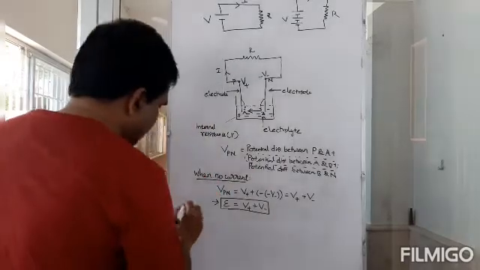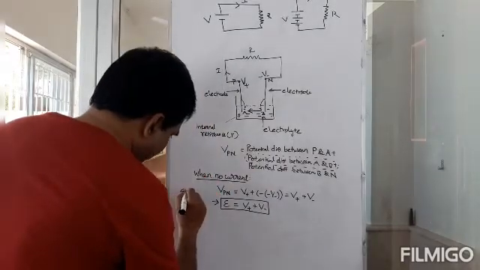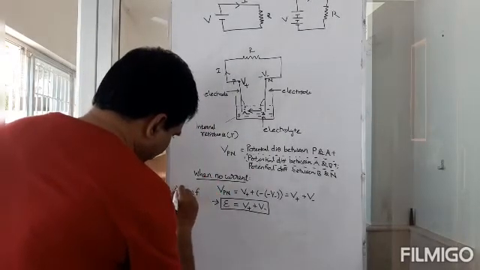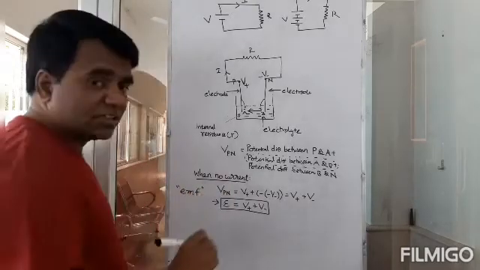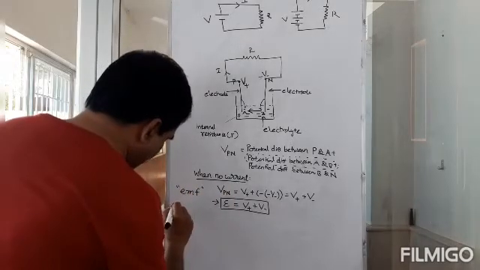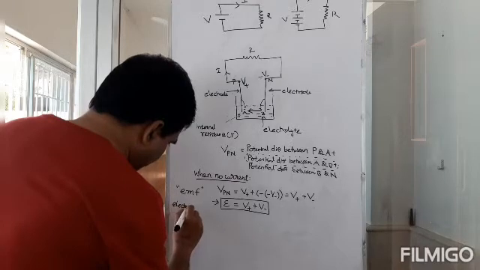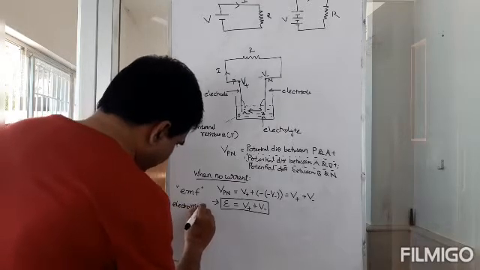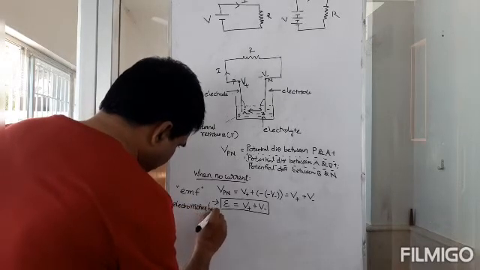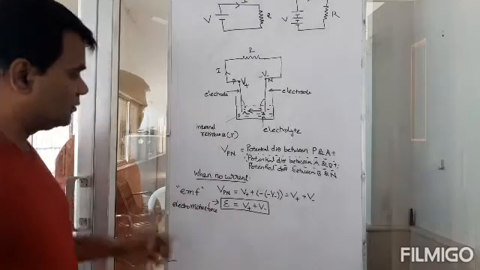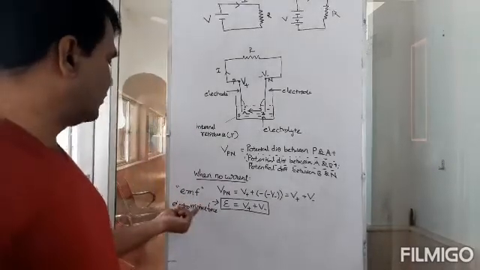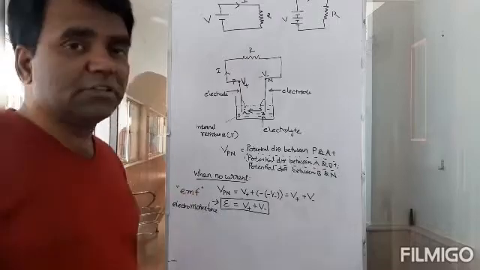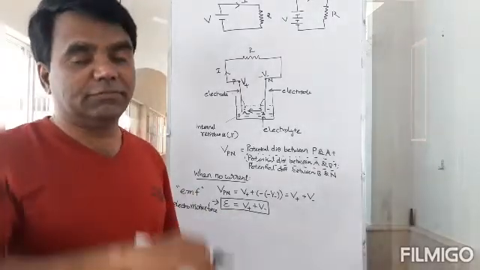This E is called EMF. The expansion of this is electromotive force. So this is the abbreviation for this. Electromotive force is abbreviated as EMF.